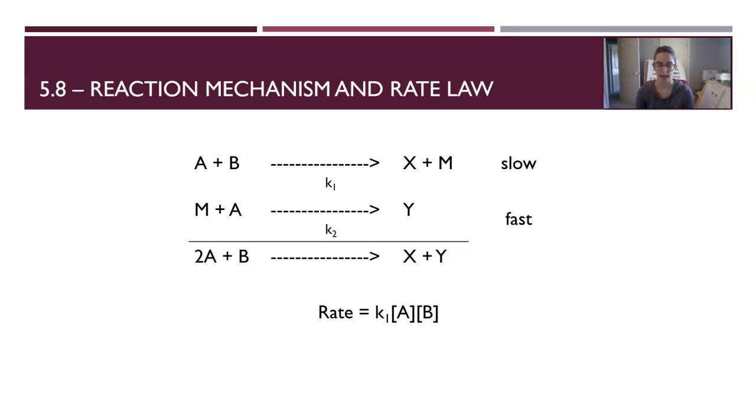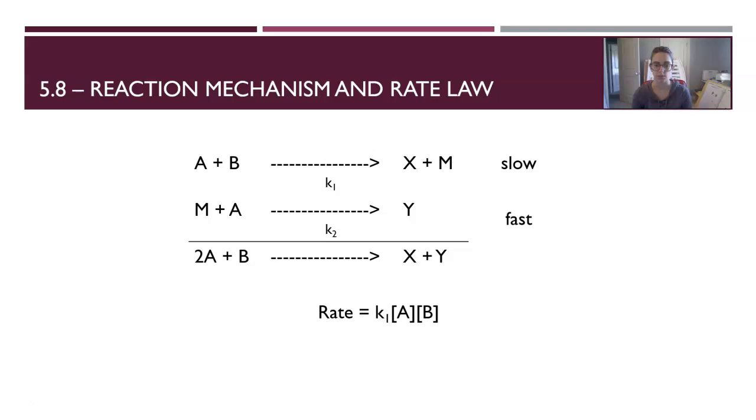So in this particular reaction, our overall reaction is 2A plus B produces X and Y. And this tells us that our slow step is the first elementary reaction, A plus B produces X plus M. Since this is an elementary reaction, our rate law is determined by the reactants raised to their coefficients.